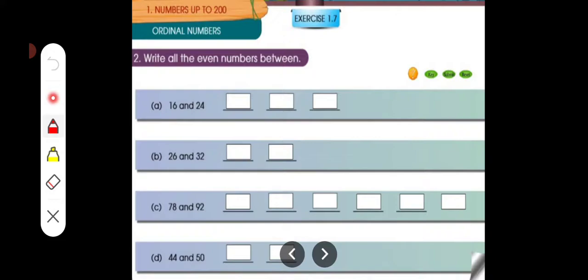See here what is given. Write all the even numbers between. Numbers are given here, so we have to write in between what is an even number. Can you tell me what is even number? Already 16 is given here. Now next what shall we write here? Yes, very good.